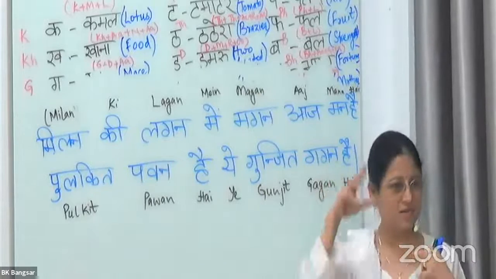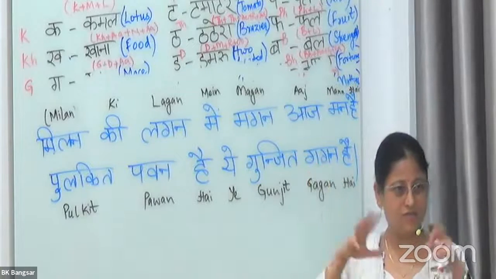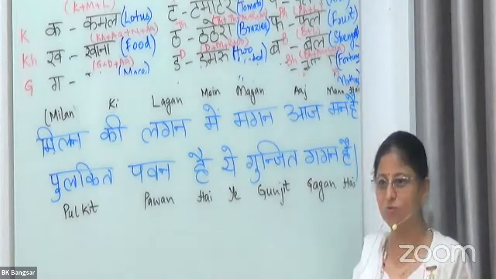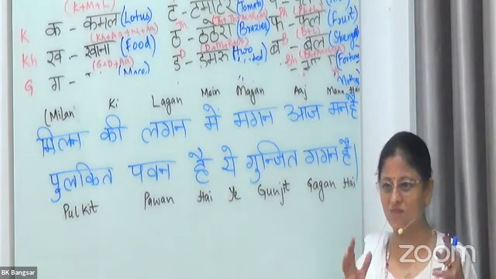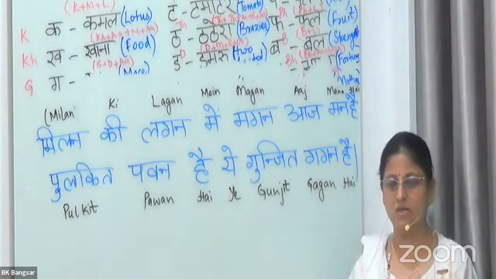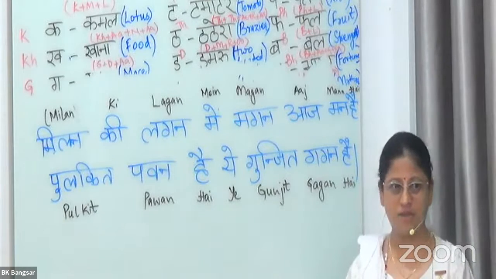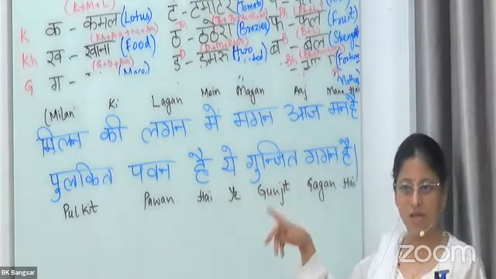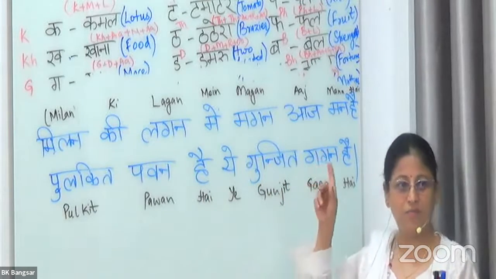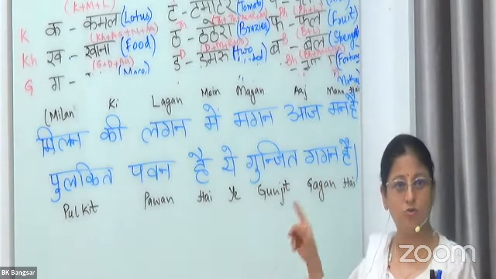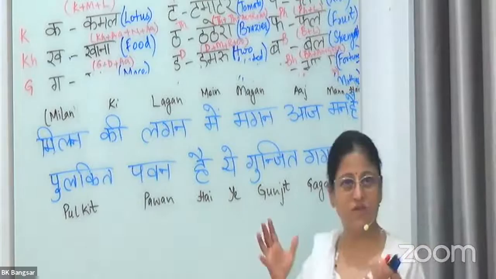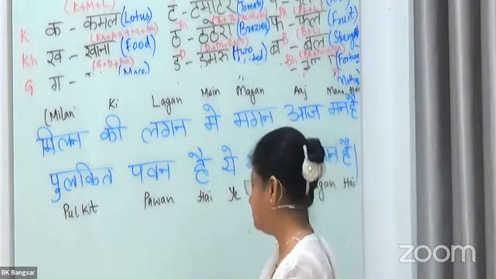Even the gagan, which is actually the sky, is also resonating the same feeling that I have to meet my beloved, right? So मिलन के लगन में मगन आज मन है, पुलकित पवन है, ये गुंजित गगन है. So the entire thing is resonating with the same thought.